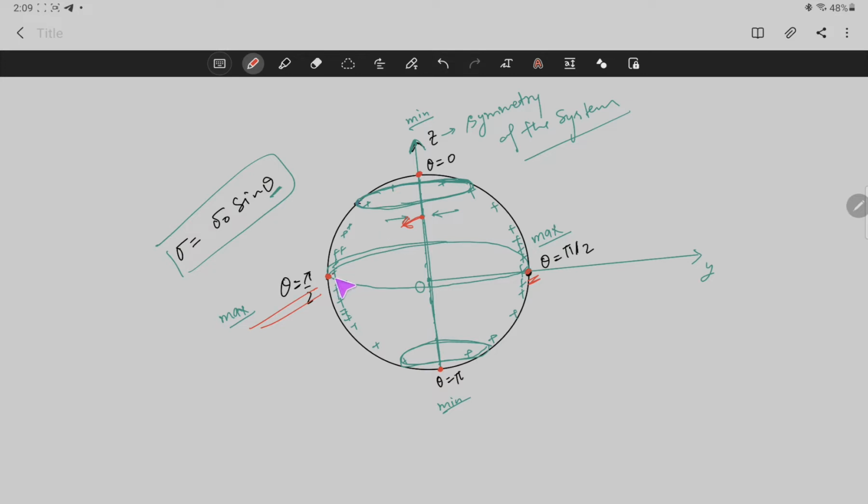You are approaching one point which has maximum charge density, and you are moving away from the other which has maximum charge density. But the charge distribution on the whole sphere is positive. There is no negative charge. That's why if you move this way, this charge distribution will try to push you in this direction, and if you move in that direction, that charge distribution will try to push you back.